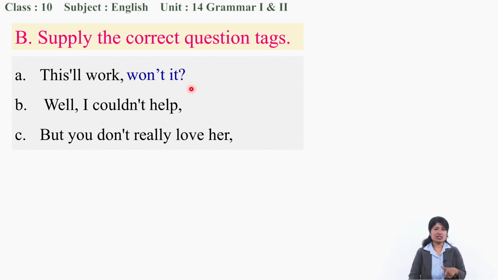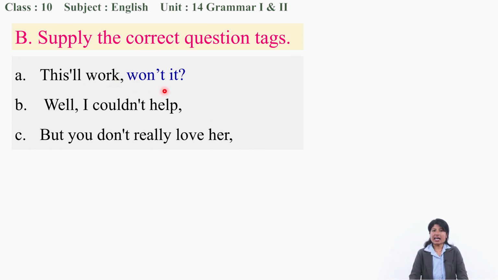So have you noticed something over here? This will work, won't it. Always we add this tag question, and then there is a question. That's why question mark is over there, and it always starts after a comma with a small letter, right?